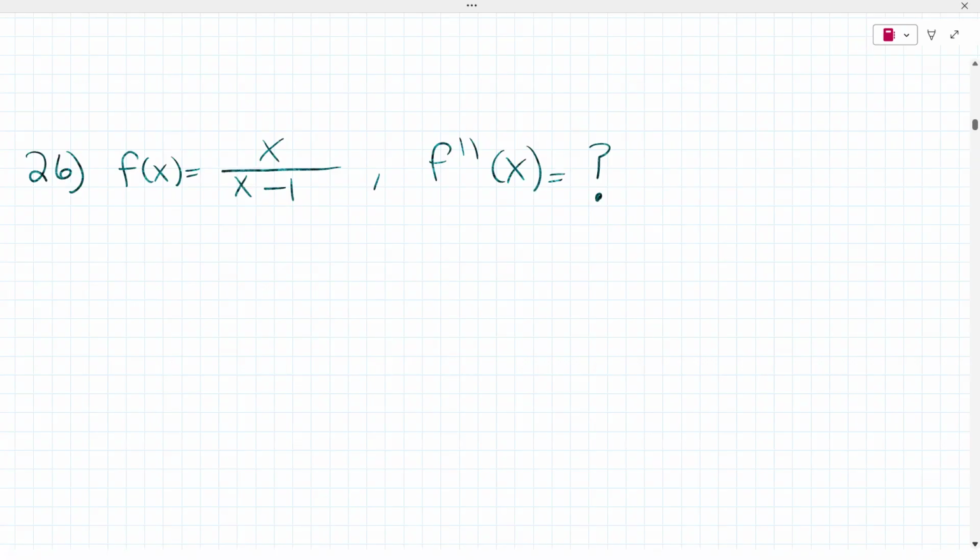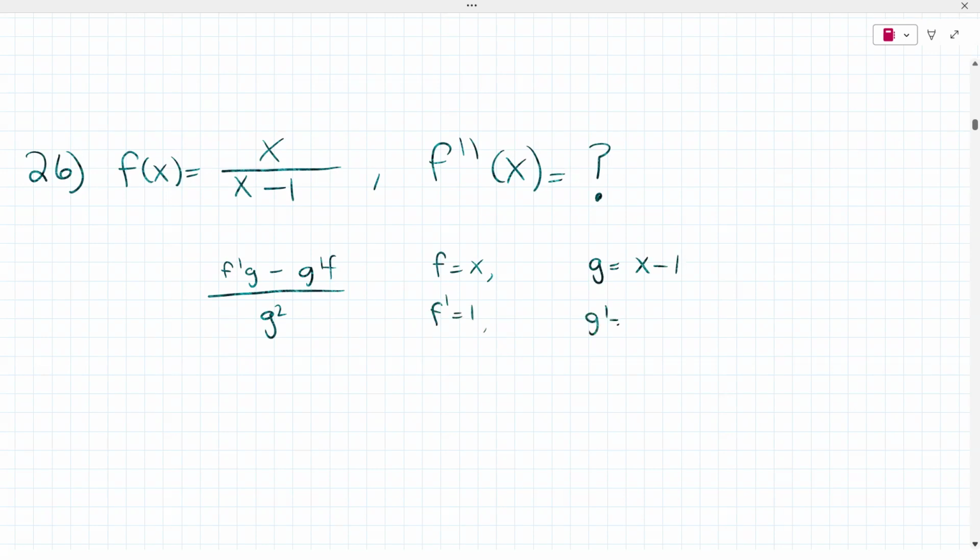I guess you could just use the quotient rule to find f prime. There's nothing else I could do. So if you recall, the quotient rule is f prime of g minus g prime of f, all over g squared. So your f is the numerator, which is x, and your g is the denominator, which is x minus 1. F prime is 1.